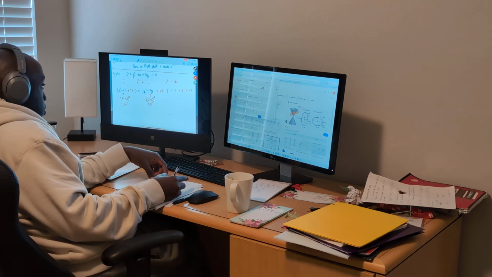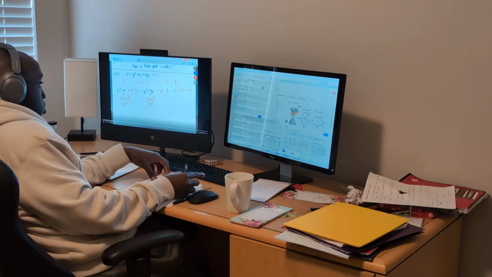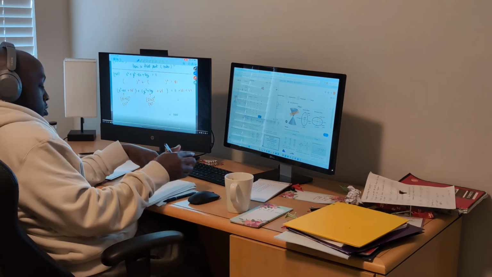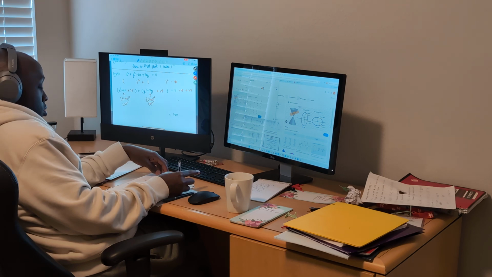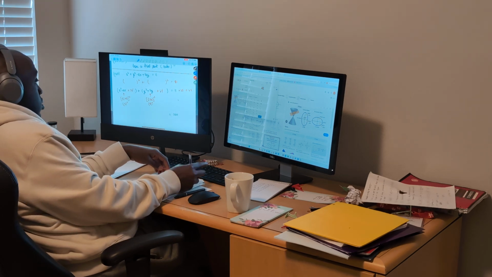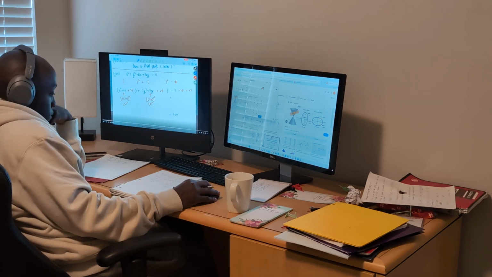So now on the right-hand side, what do we have? I think 100, but let's double check. That's 36, yes. So on this side, I get 100. And on this side, look what you've got.